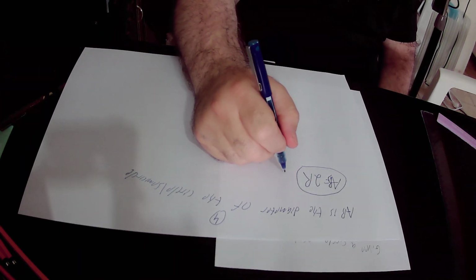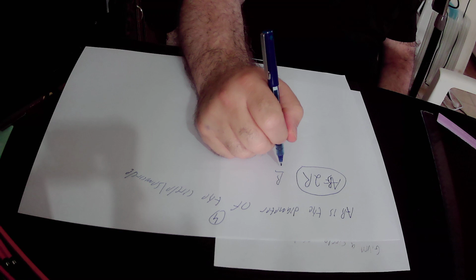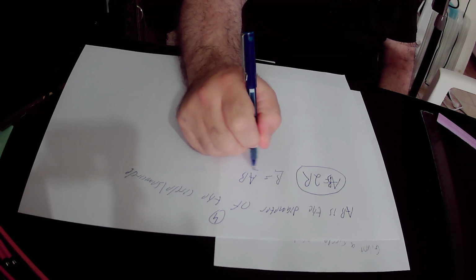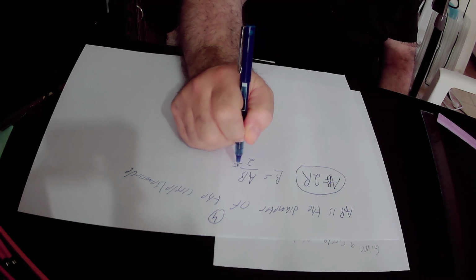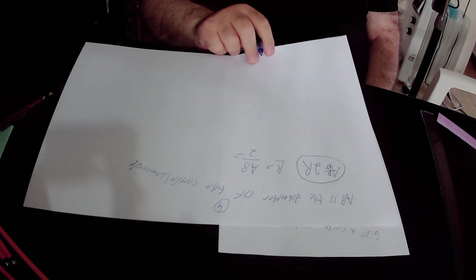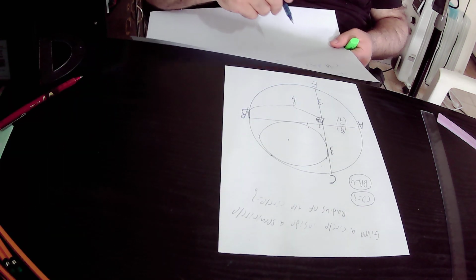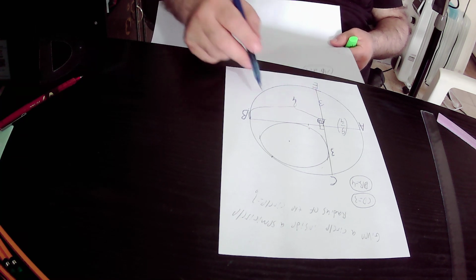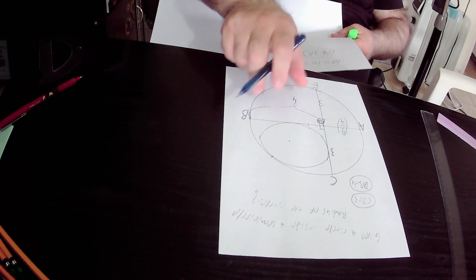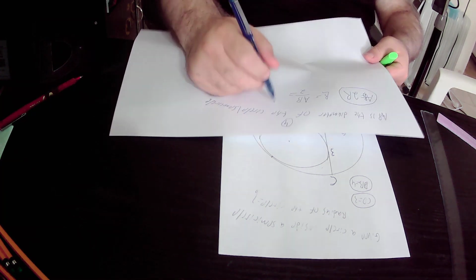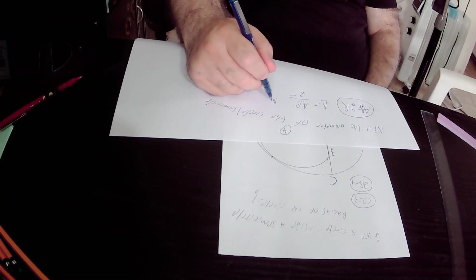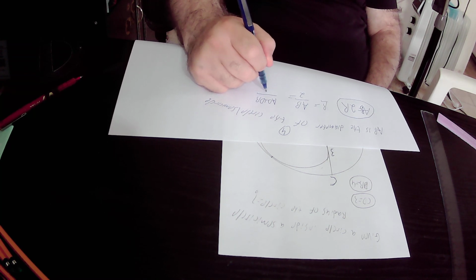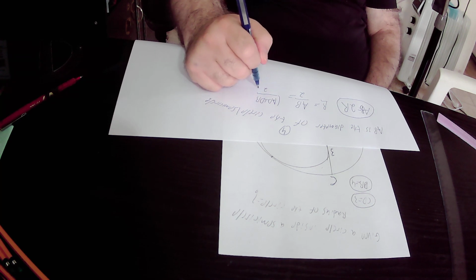Therefore, R equals AB over 2. What is the length of AB from the drawing? AB equals AD plus DB, all divided by 2.